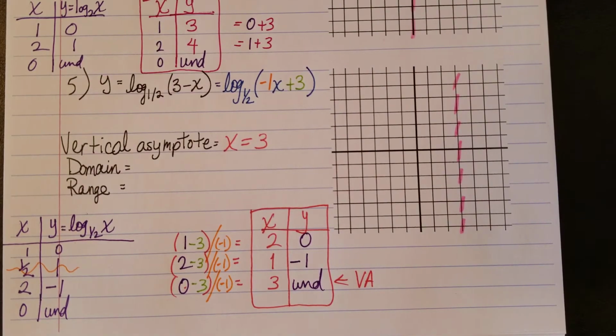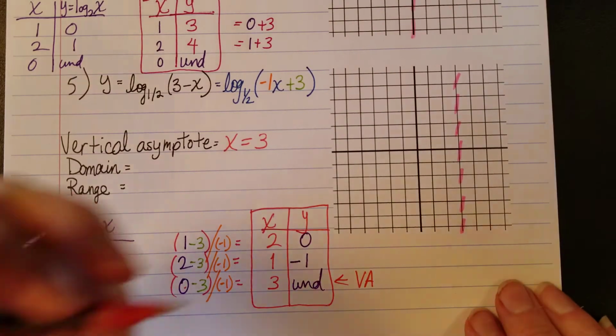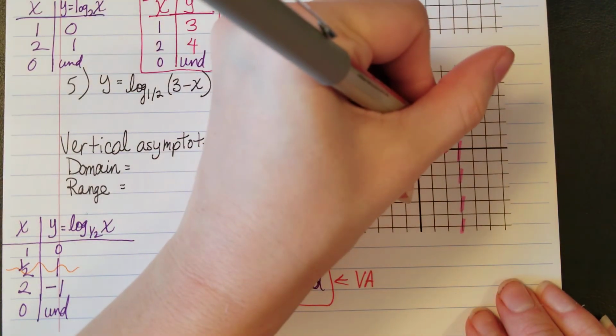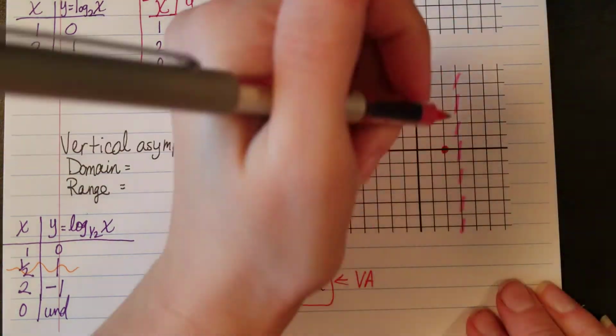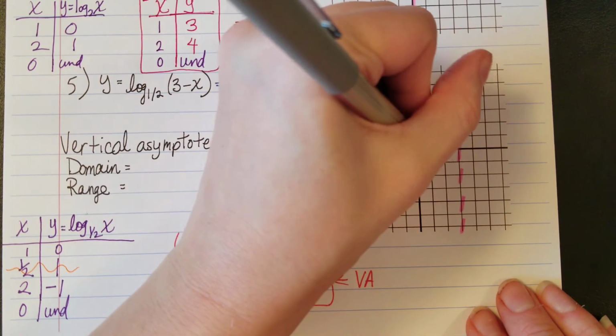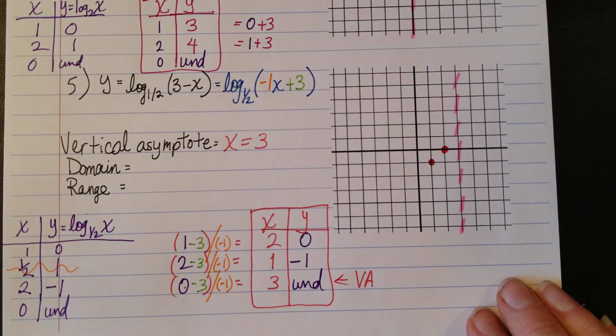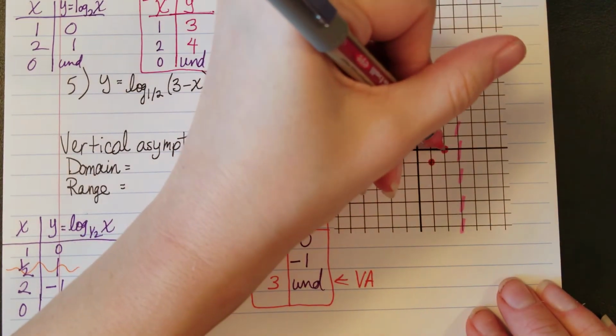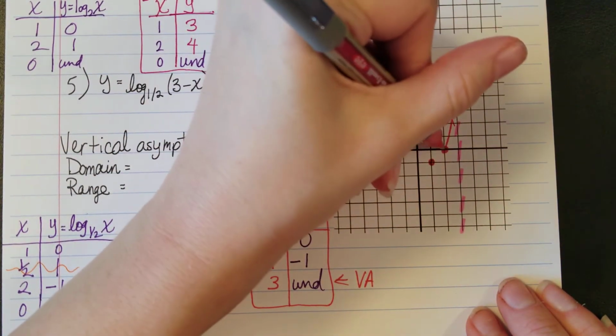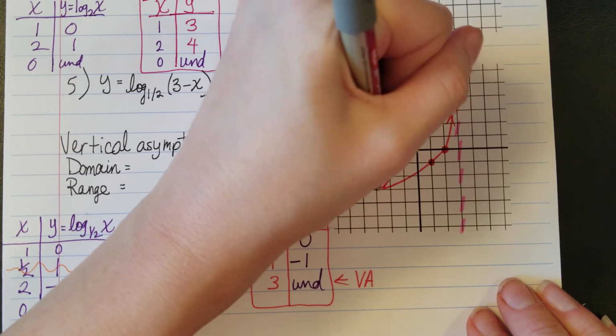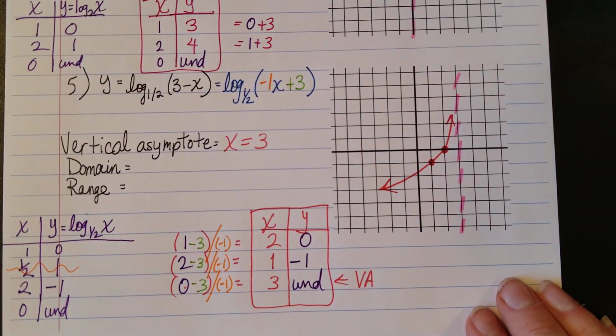Okay, and then 2, 0. 1, -1. All right, so it's flipped all kinds of ways. Okay, and there's our graph.